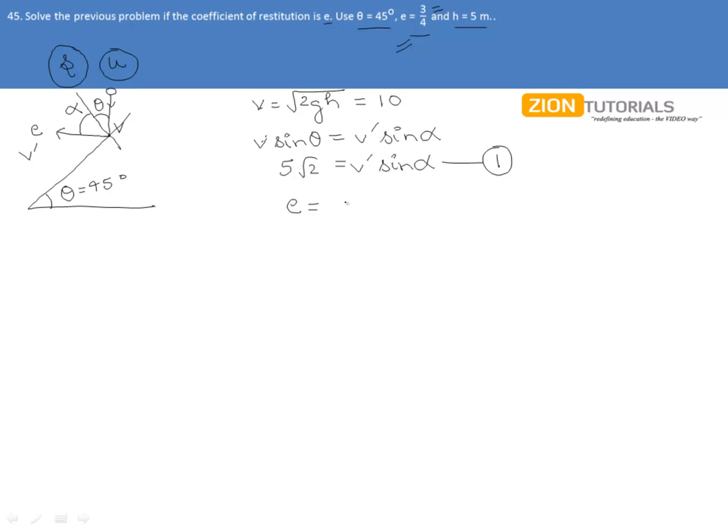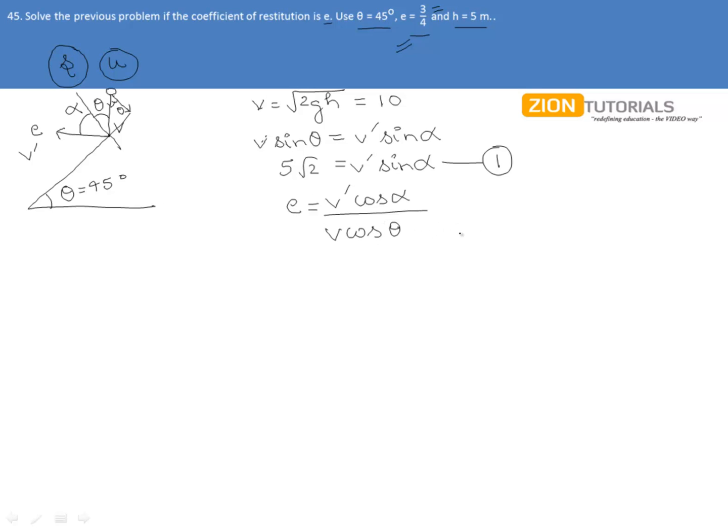Now E equals velocity of separation upon velocity of approach. Separation is due to V dash, so it will be V dash cos alpha, upon approach velocity, which will be V cos theta. Why? Because this angle will be theta and it will be approaching like this with V cos theta. V cos theta is again the same, that is 10 into cos theta, 1/√2, so that is 5√2, and E is 3/4.